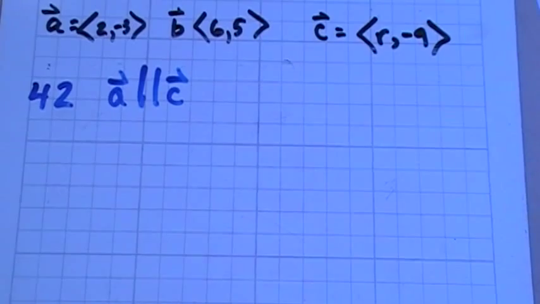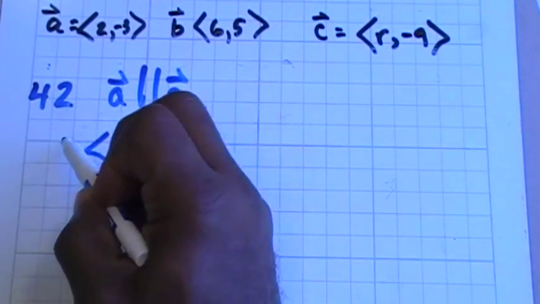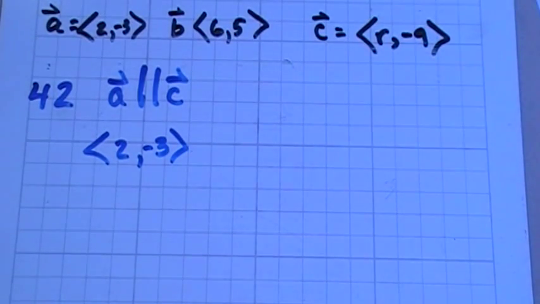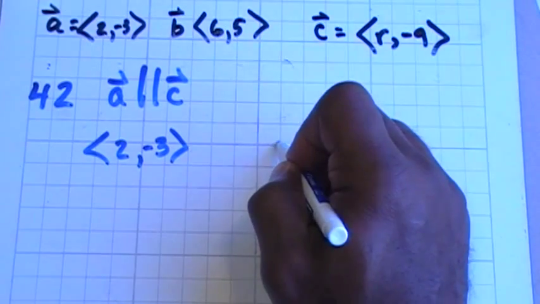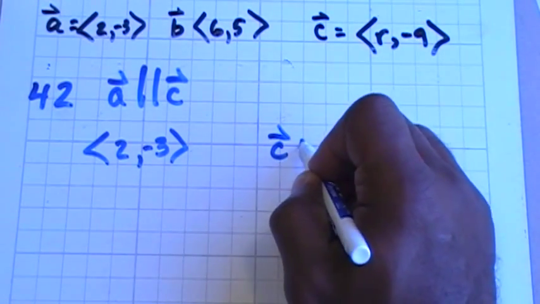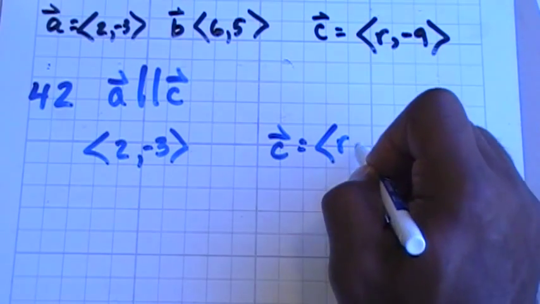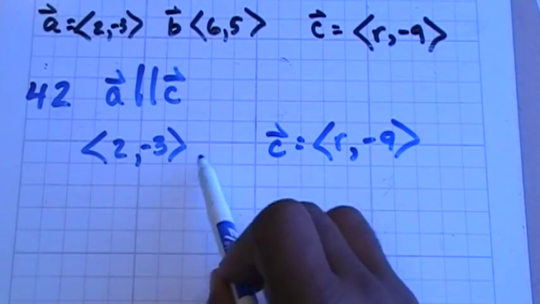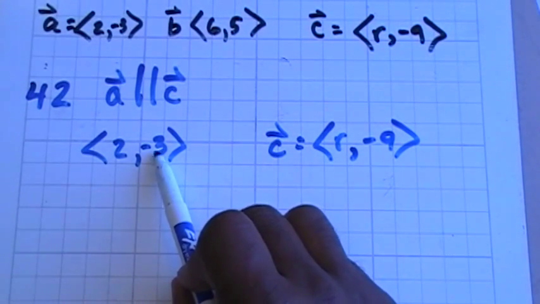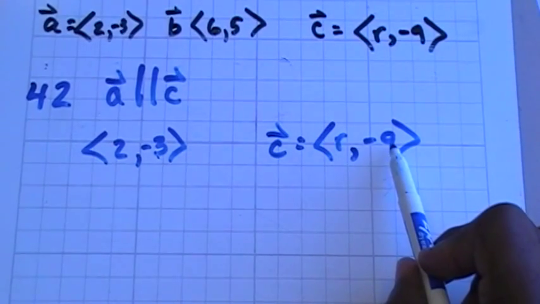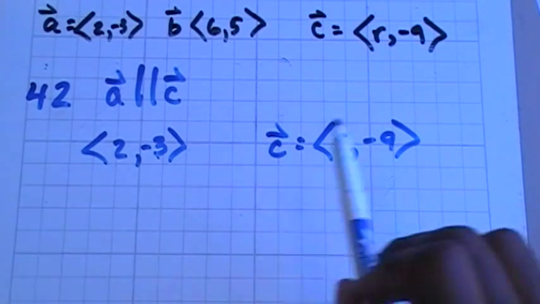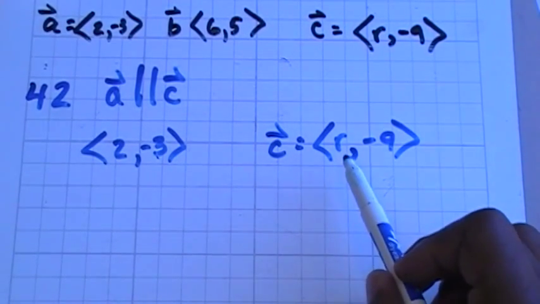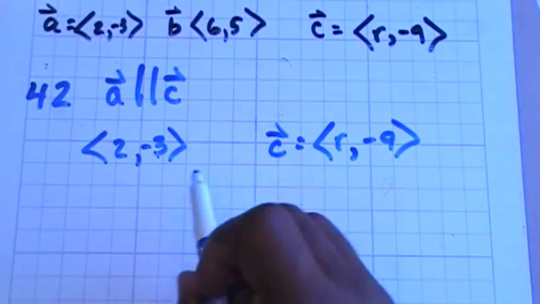Looking at A, which is 2, -3, and C, which in this case we want to find R to make those parallel. Now, a quick way of looking at this is to say, what would I multiply -3 by to get -9? That would be 3. And then 2 times 3 is 6, which will give me R. That's one way to look at it.